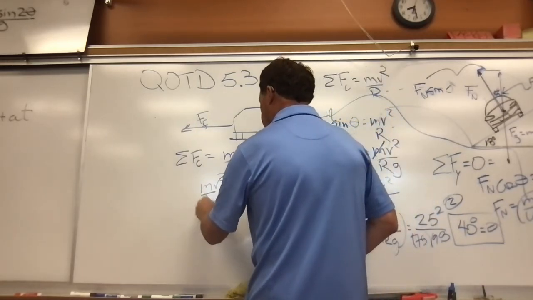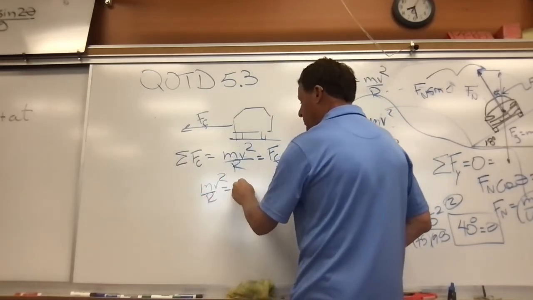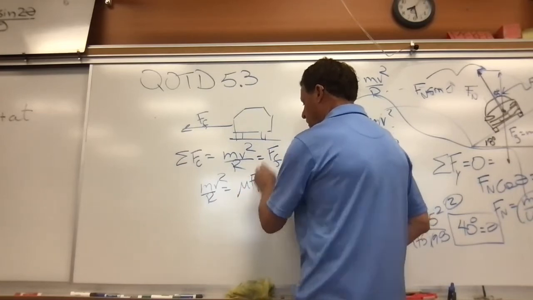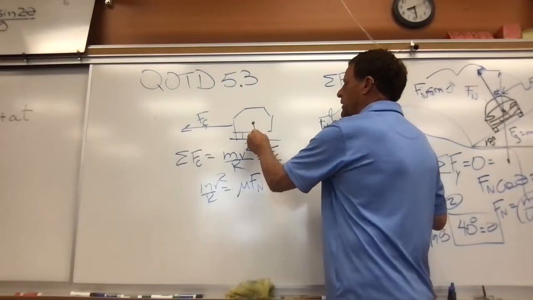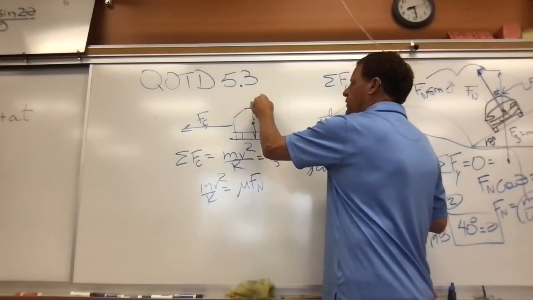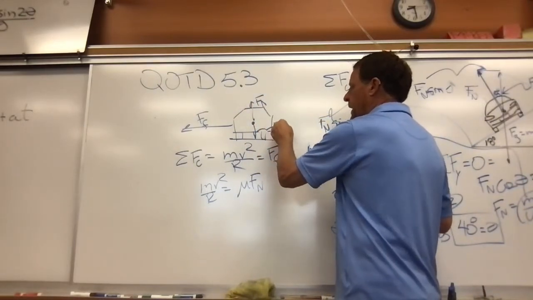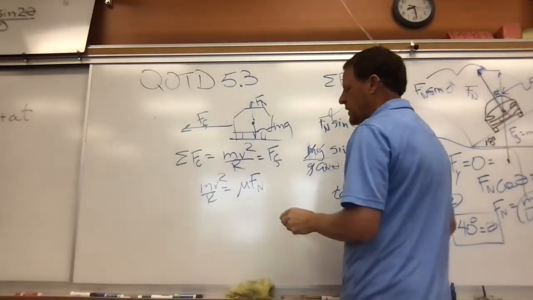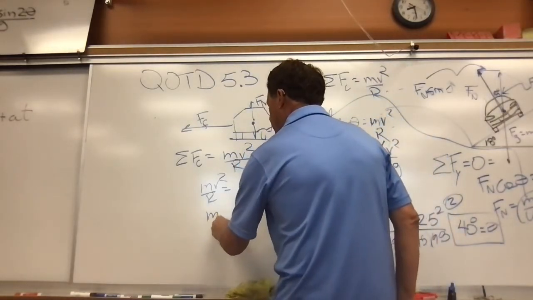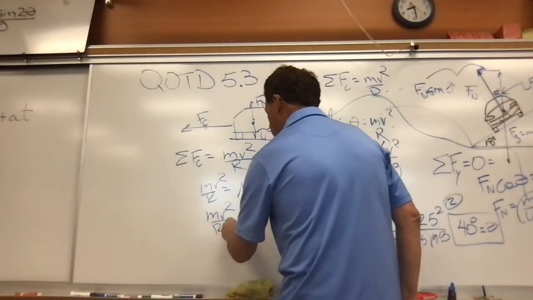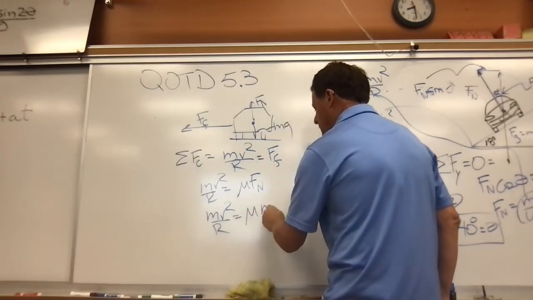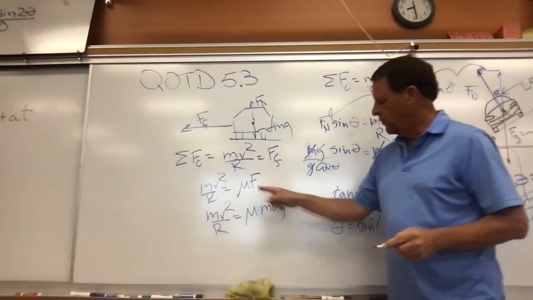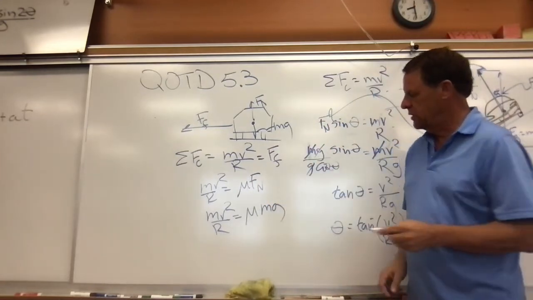mv squared over r would be equal to mu force normal. We can see here that the normal force going up, because it's flat, would equal mg going down. So we're going to have mv squared over r is equal to mu times mg.